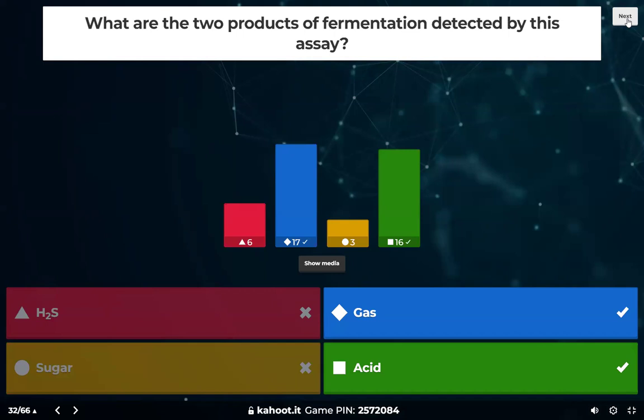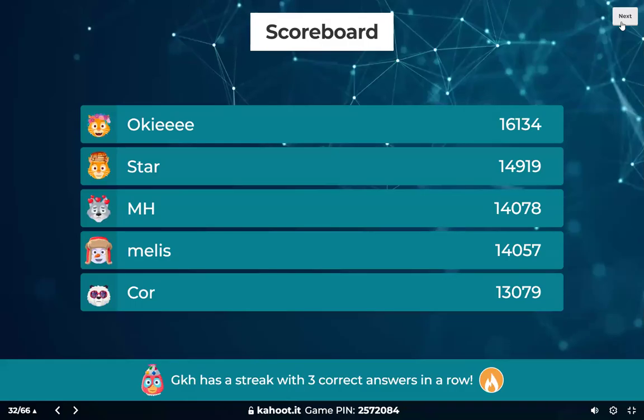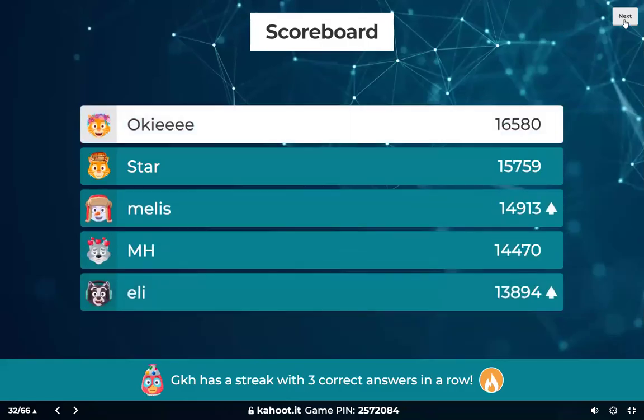Gas for sure. That's why we had that Durham tube, right? That's a giveaway. Acid. So sugar is not a product of fermentation, right? That's what our starter is. H2S is not part of fermentation. It's part of a different process of anaerobic respiration. Okay? Different thing. And this assay doesn't test for it. So acid and gas.